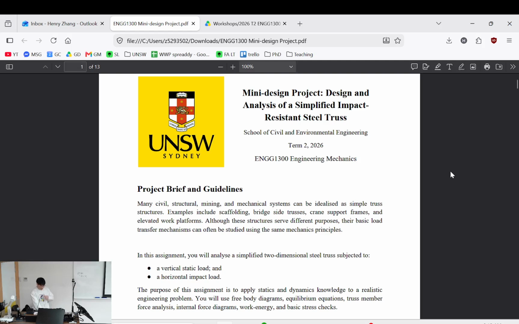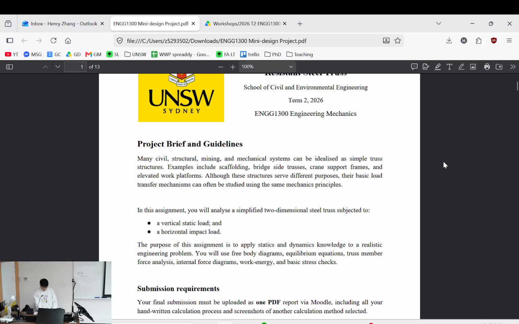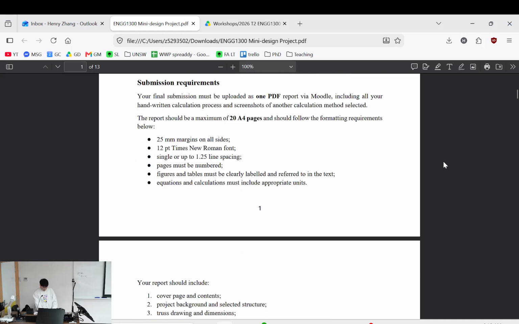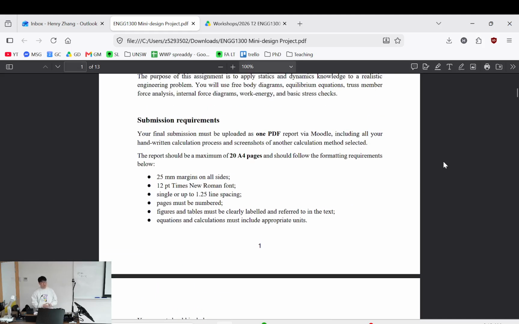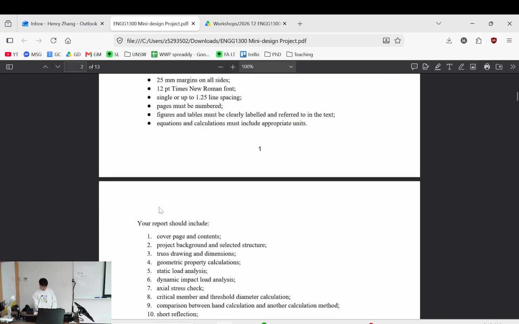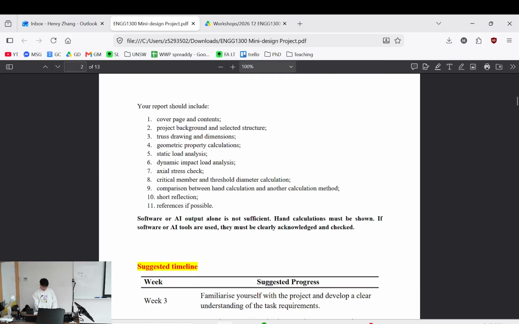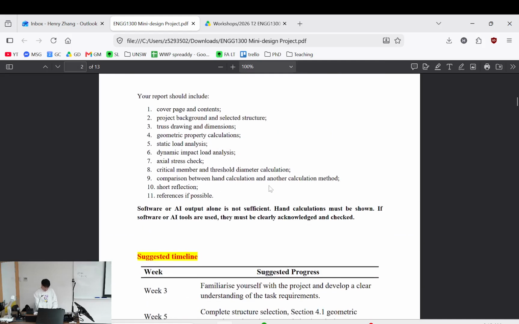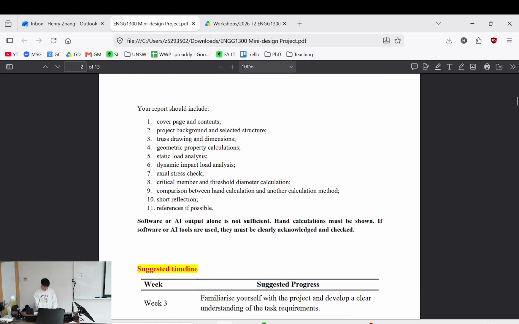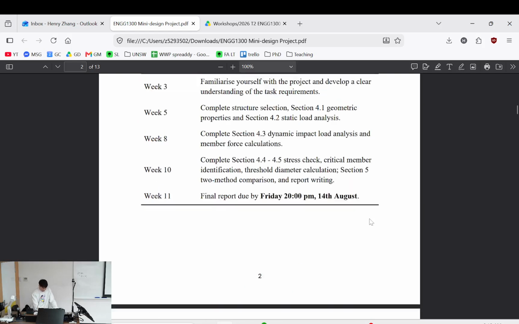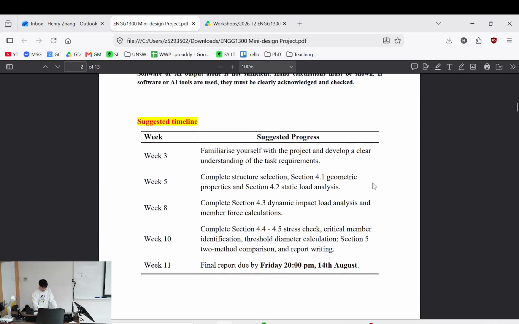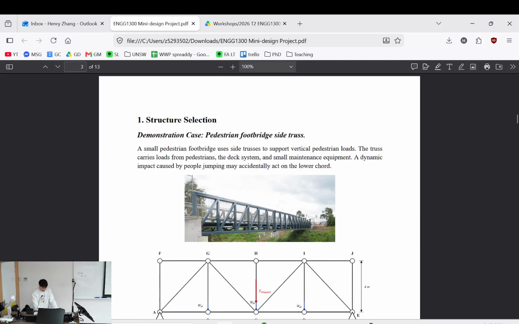But yeah, in case you haven't seen it, I would recommend that you give it a proper read. But in summary, the way that it works is you're going to produce a report up to 20 pages, and then there's some pretty specific formatting rules that are on the first page. And it gives you a pretty extensive list of things that you should cover when you're writing, and a little bit of a timeline so that you're on track, I guess.